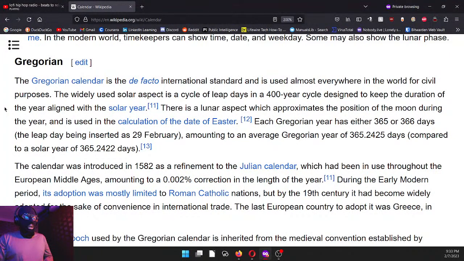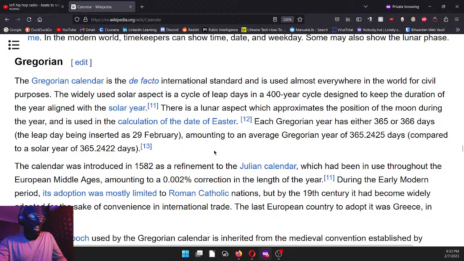Each Gregorian year has either 365 or 366 days, the leap year being inserted as 29th February, amounting to an average Gregorian year of 365.2425 days, compared to a solar year of 365.2422 days.